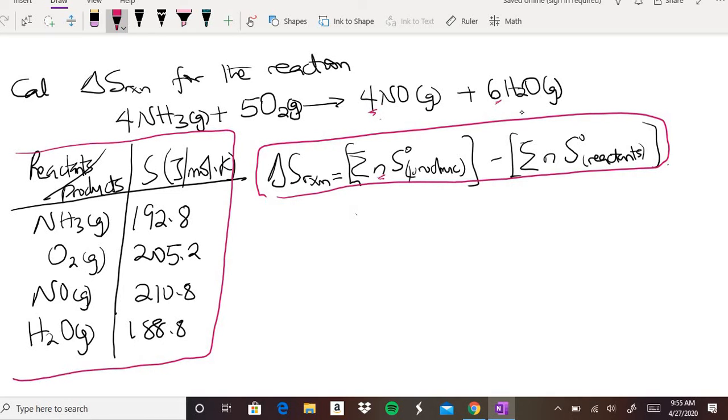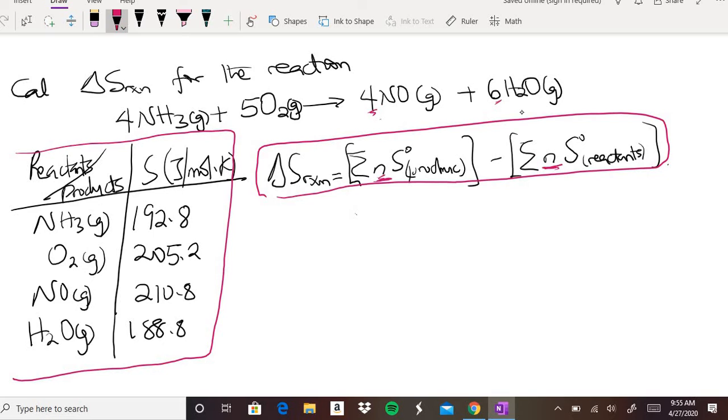This will be given for any problems. So we just need to plug these values into our expression. The n here represents the number of moles of our reactants and products respectively.